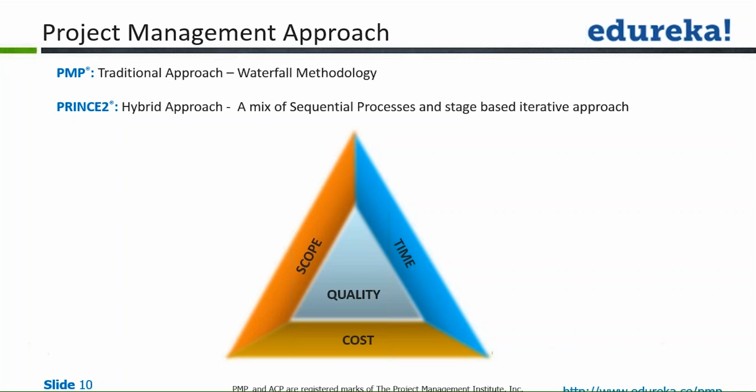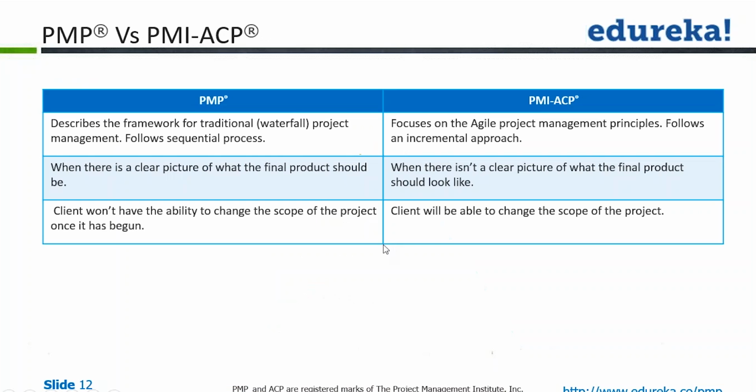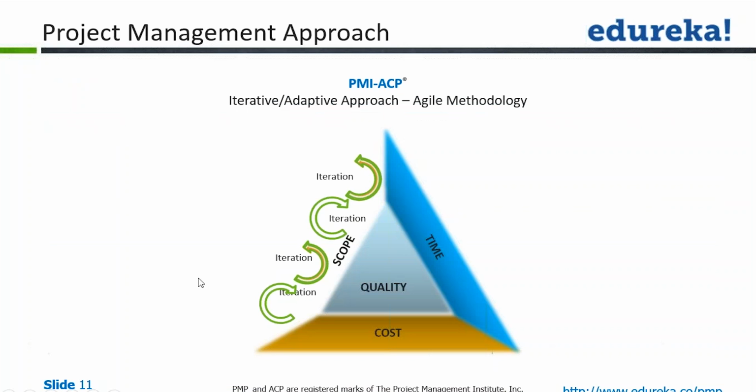Whereas if we talk about the agile approach, agile is different. Your time and cost may remain constant, but the scope will be iterative. So you will not decide the final product in the beginning, but you will keep it open.